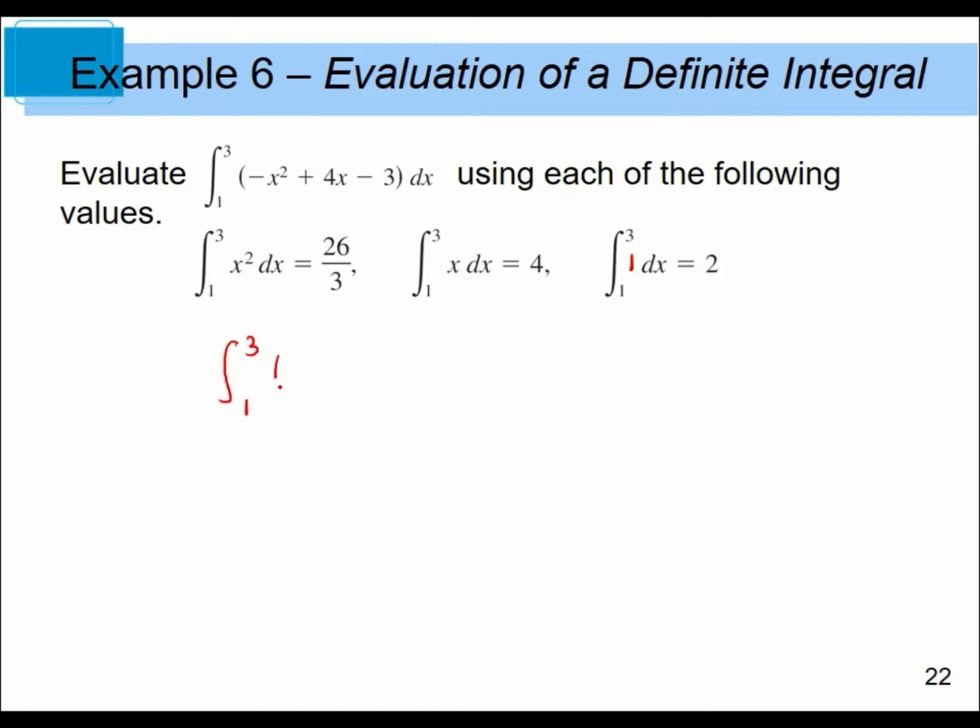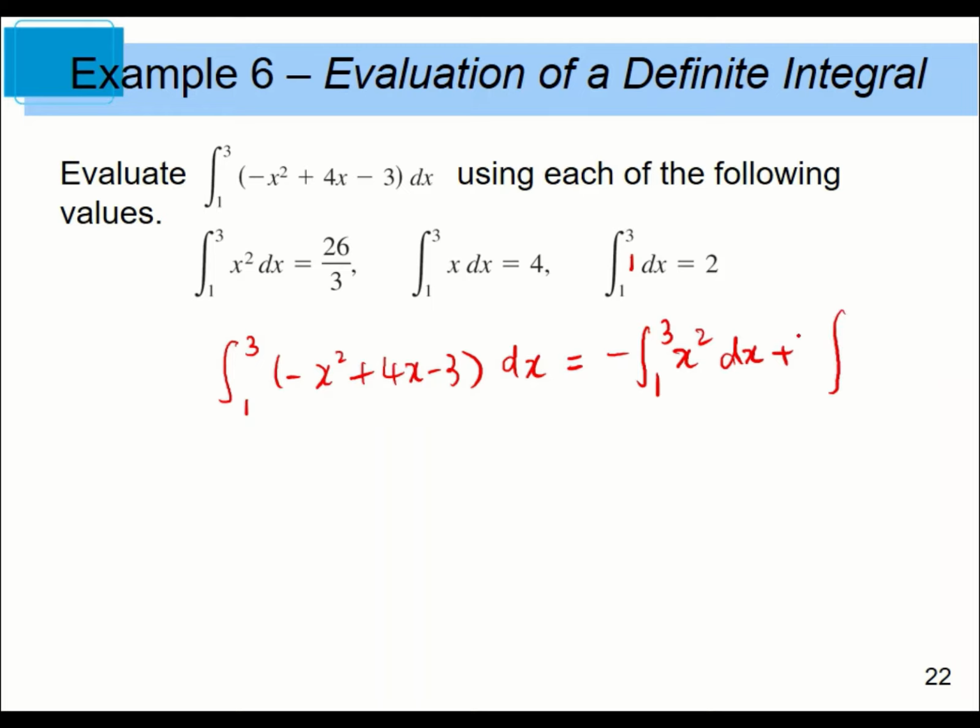So let's use the values to evaluate the function here. We integrate negative x squared plus 4x minus 3 with respect to x. So we can integrate them separately. First, we integrate x squared dx, plus now we integrate the second one.